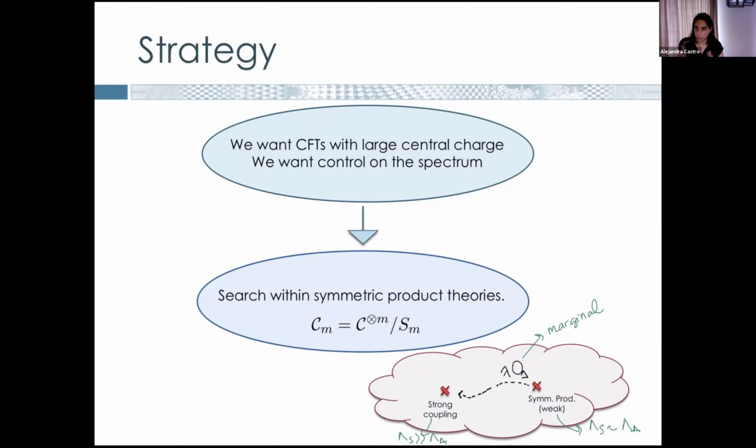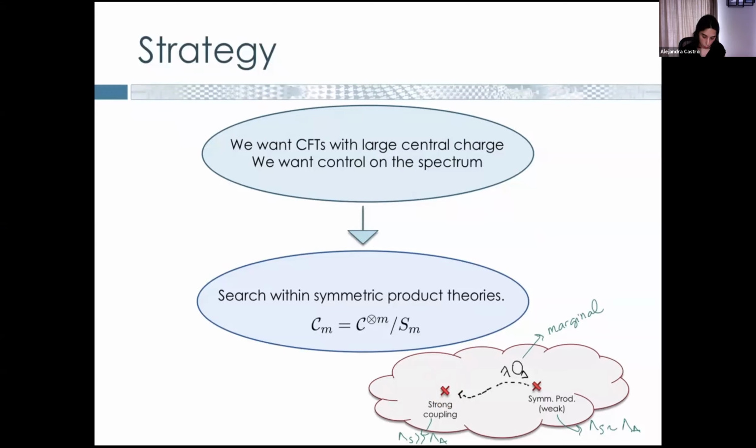In that sense, they're weakly coupled. But if I have a marginal operator, it will introduce a coupling for me, and I could move away from that point and find my strongly coupled point, which is where I expect to have the gravitational description.